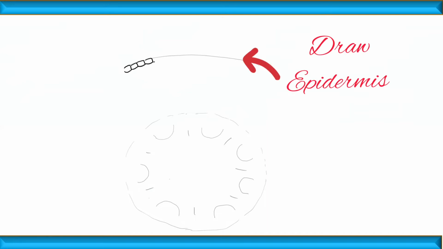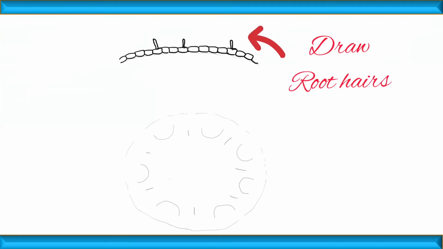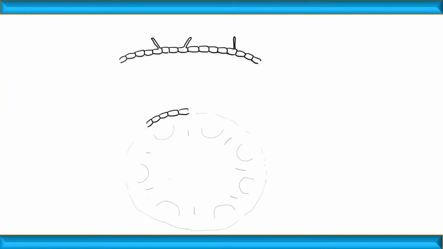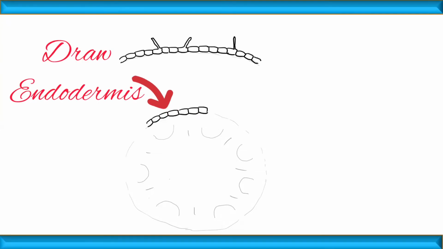First, draw the epidermis, small barrel-shaped cells across the border which you've already drawn, and then complete it. Characterized by the presence of unicellular hairs, show some outgrowths in some cells, and this is nothing but the root hair. After that, proceed with the drawing of the endodermis.